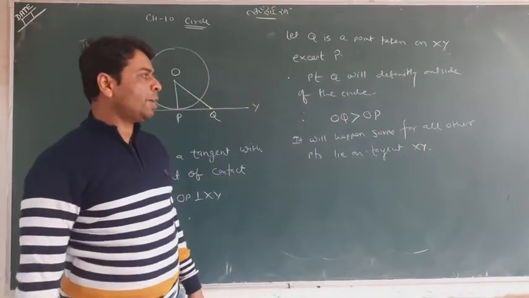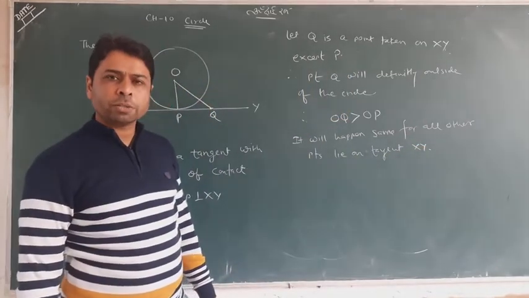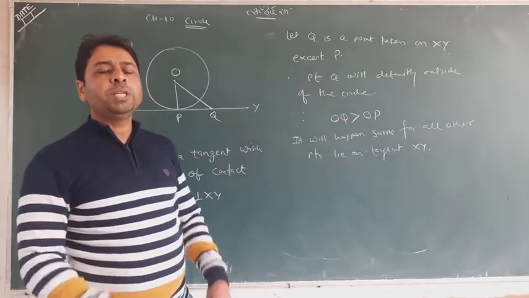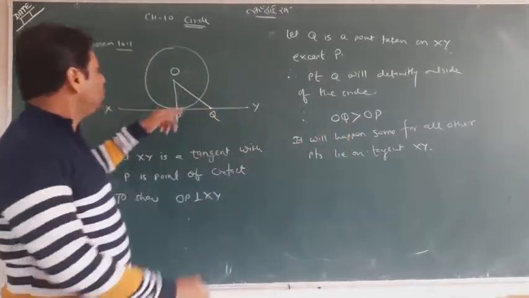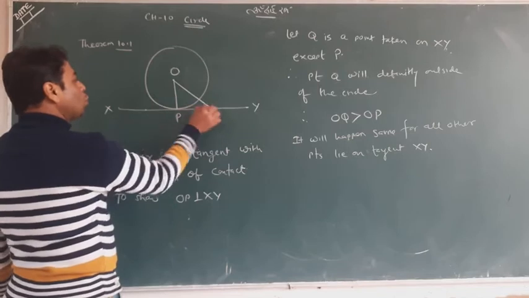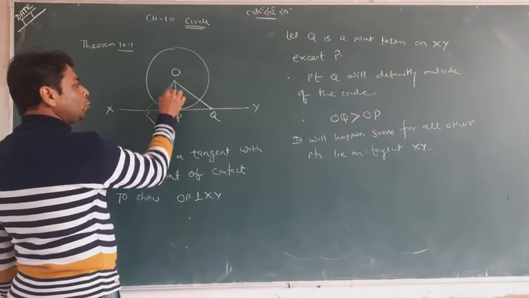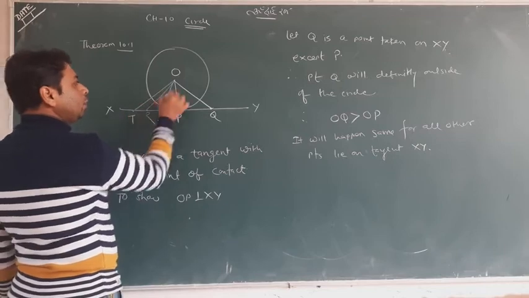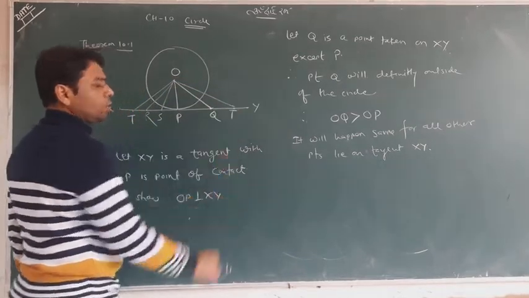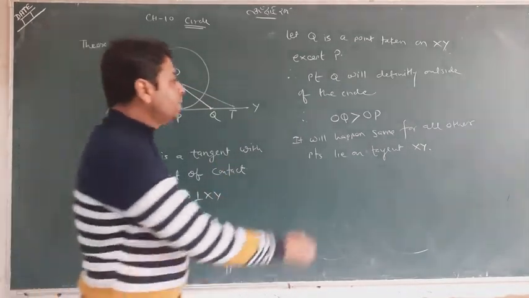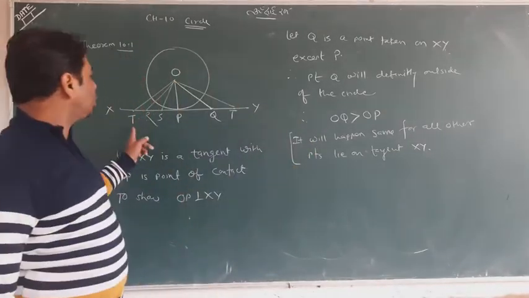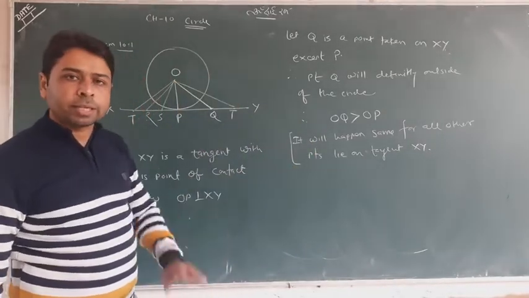What does it mean? It means that if you have OQ, suppose R here, if you join it, S here, if you join it, T here, U here, the same statement follows for all of T, R, S, Q.